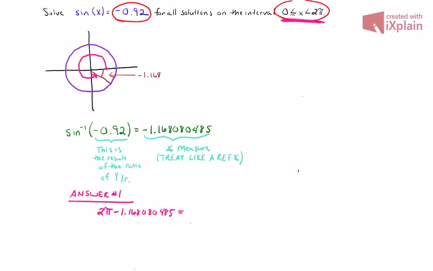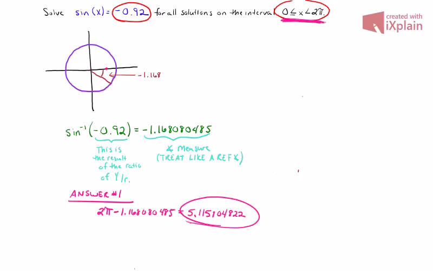So my solution in this case, one of my angle measures, is going to be 5.115104822 radians.